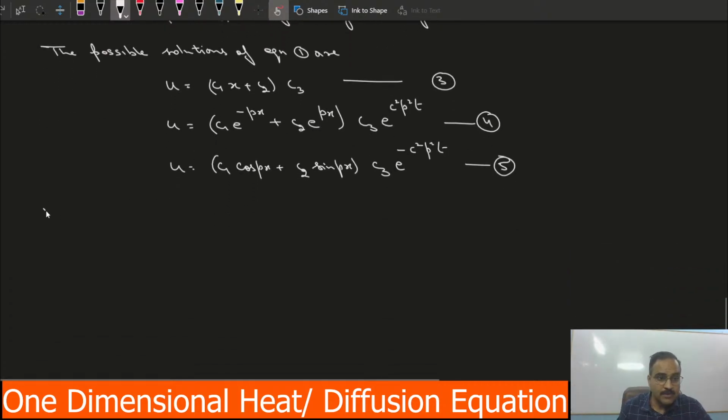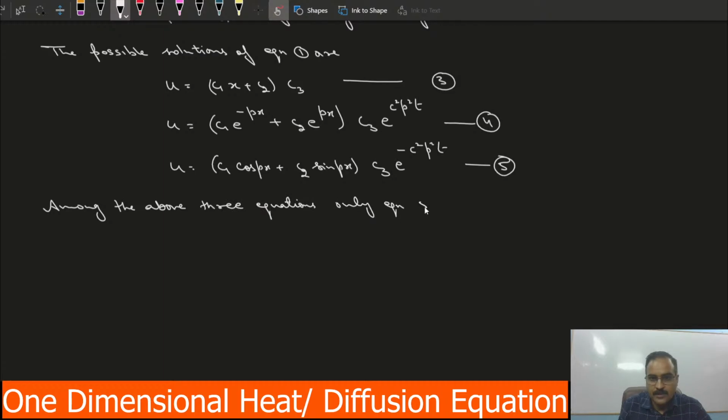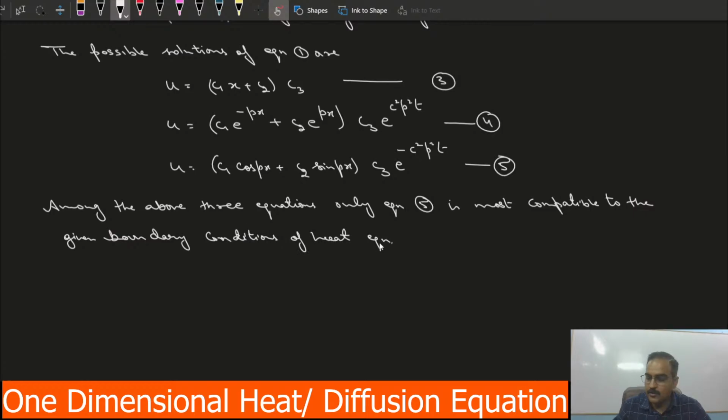Among the above three equations, only equation 5 is most compatible to the given boundary conditions of heat equation.